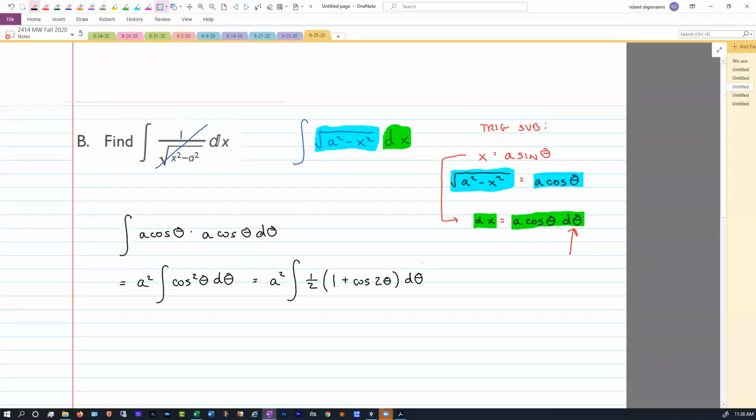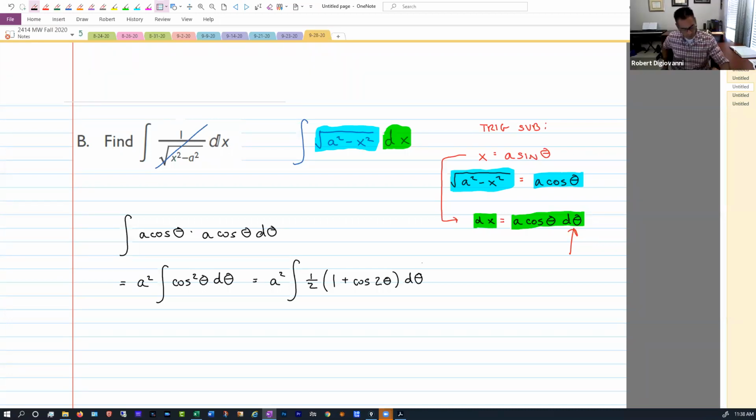Okay. All right. I'm going to pull the half out. It's constant. Still have a squared. Okay, now Maribel, you ready to take the antiderivative of this?